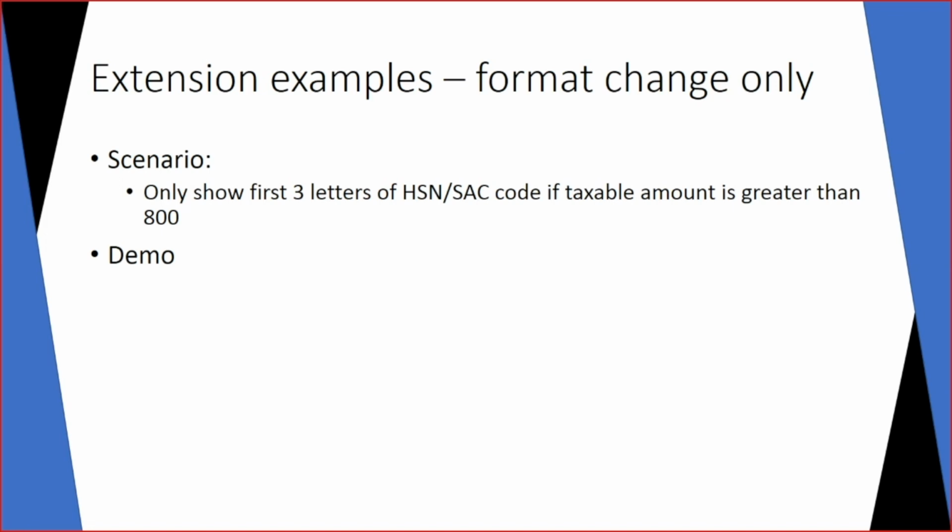Currently, for the Microsoft provided configuration, we provide the full set of HSN and SAC code, while for some business requirements, you probably will only need the first several letters. So let's go to the system to see what you need to do to achieve this.